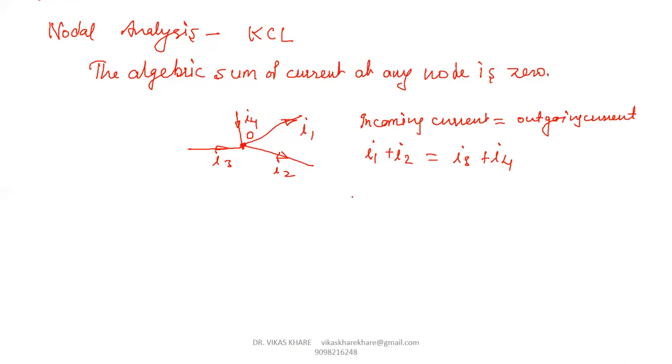If we consider the direction of incoming current as positive, then the direction of outgoing current is negative, or vice versa. If we consider outgoing current as positive, then incoming current is negative. This is the basic concept of KCL, and we assess nodal analysis through the concept of KCL.